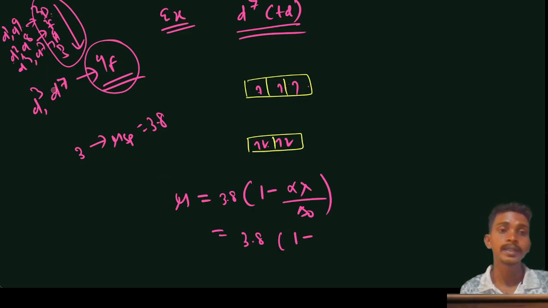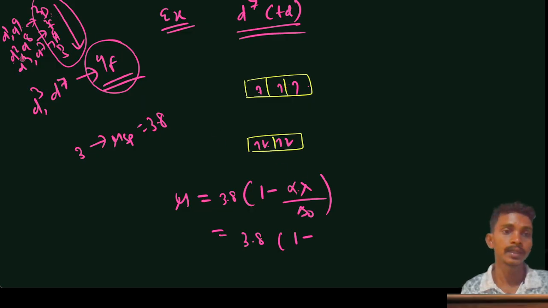Okay, so if it is d3 and d7, here the d7 case, the term is F. So we understand that F. So here it is 1 minus this alpha. This alpha is for the F case.